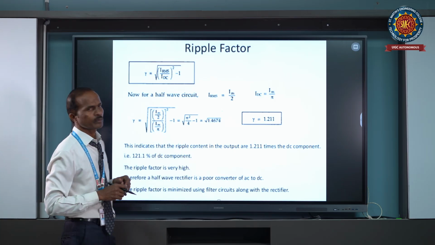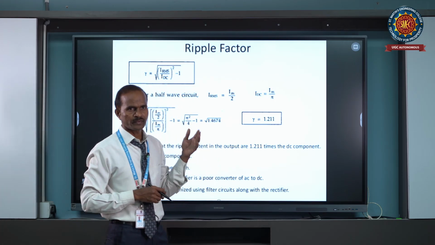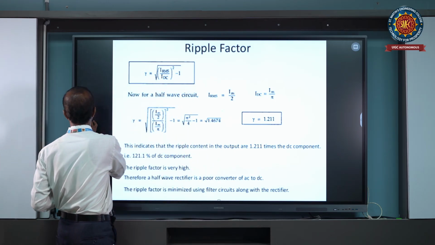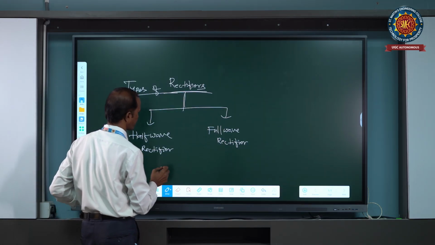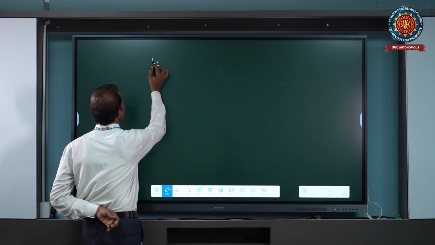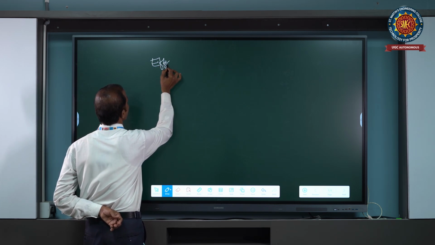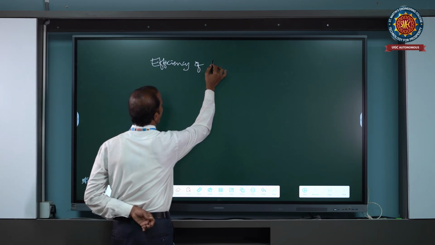Now I am going to explain the efficiency of a rectifier with the proof.